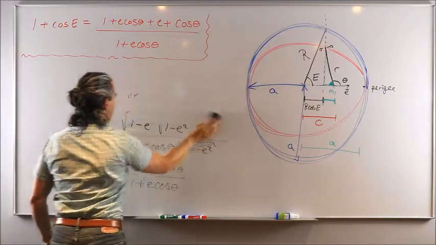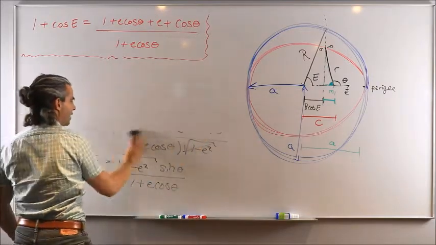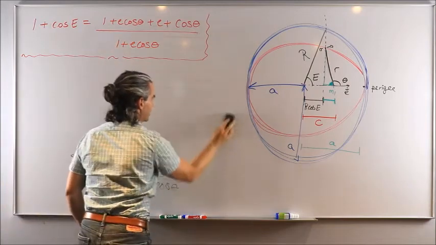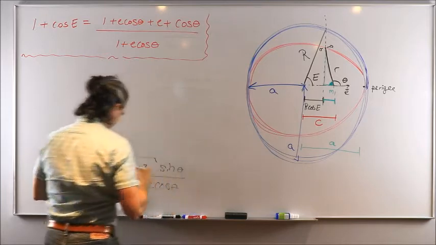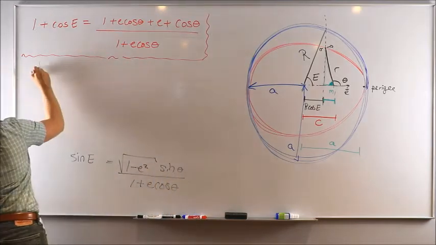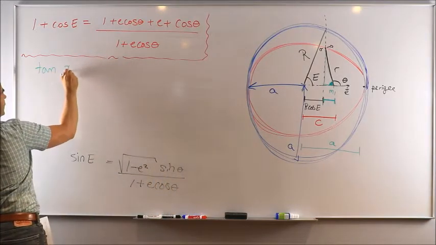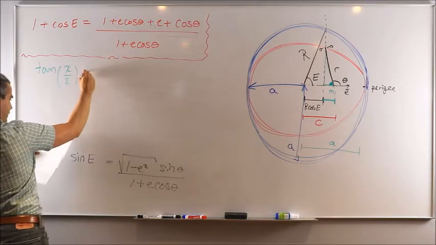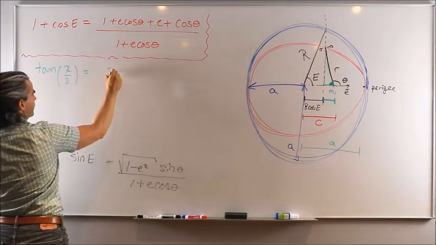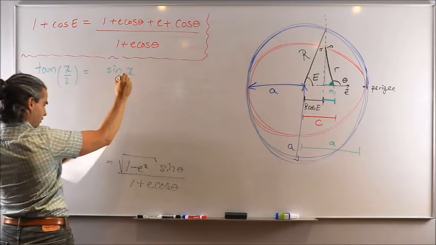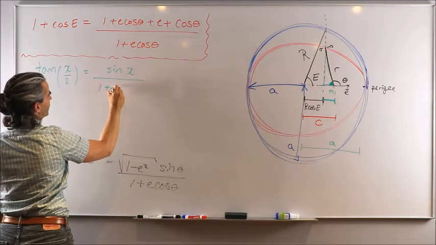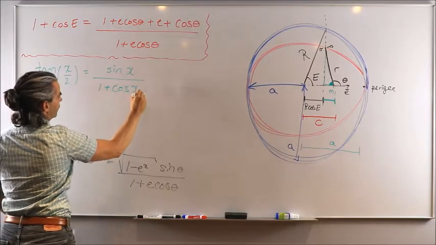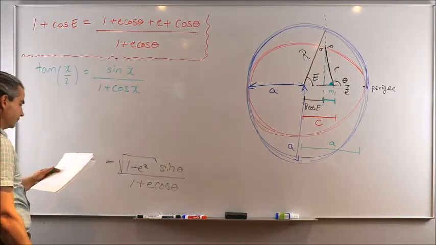So next up, what we have to do is to use the half angle trigonometric identity that says that tan of an angle over 2 is equal to sine of said angle over 1 plus cos of the angle. Okay?